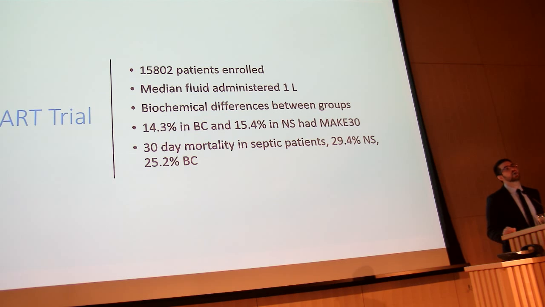So no, I don't think that 1 liter would make a difference in a vacuum. I think that some patients need more, some patients need less, but I think that the proportion of lactated ringers or balanced crystalloids that we're giving is important, and I think that it might make a difference in outcomes, yes.